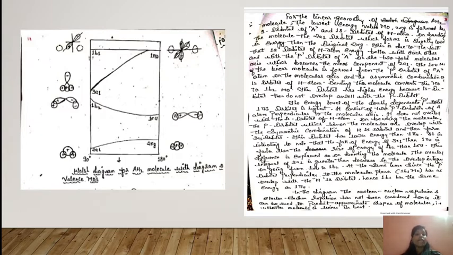So 3a1 is lesser in energy than 1πu, and this difference is higher than the increase in energy of 1b2.